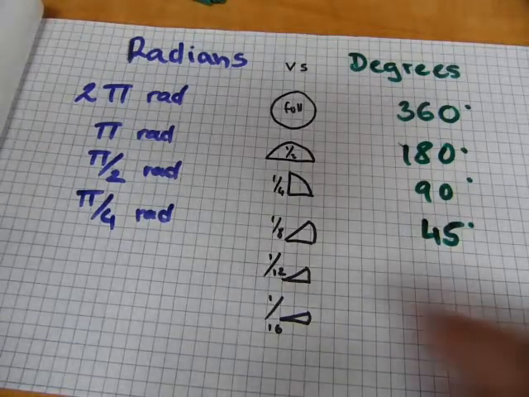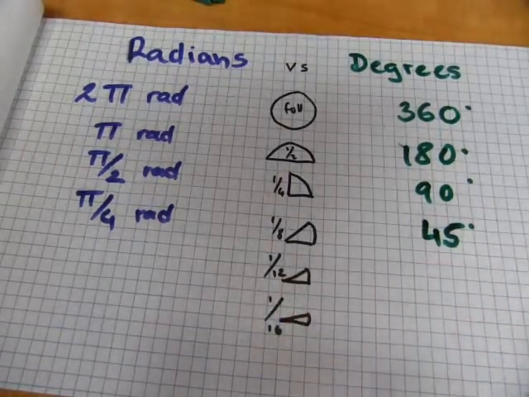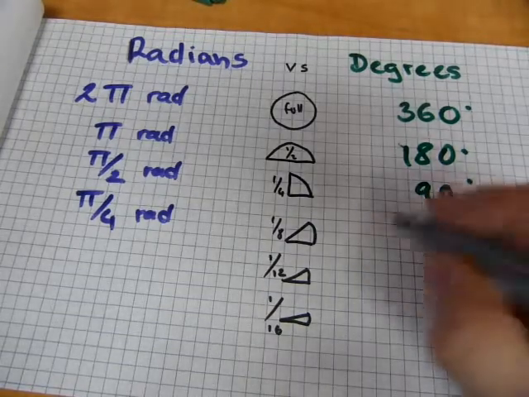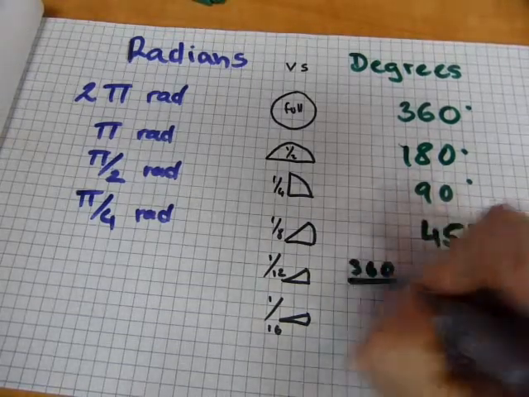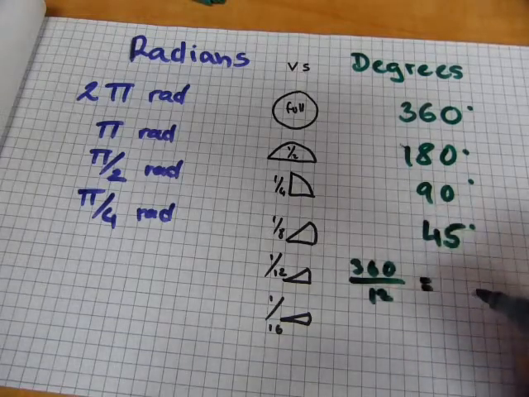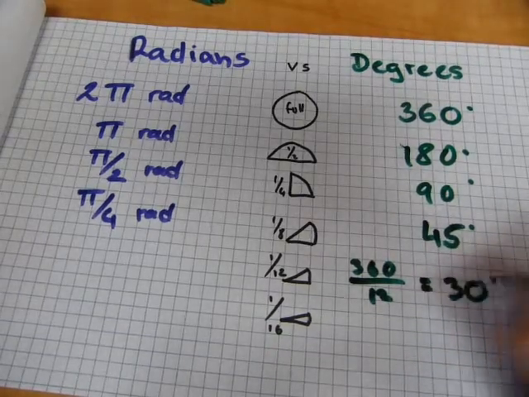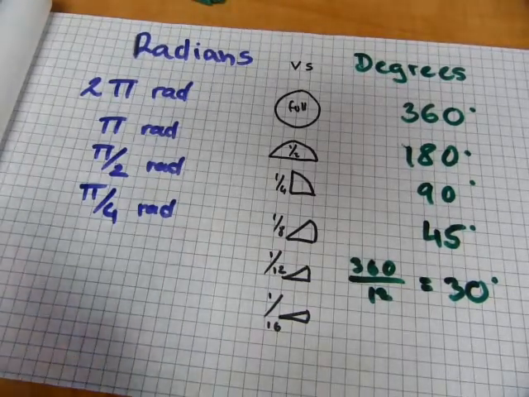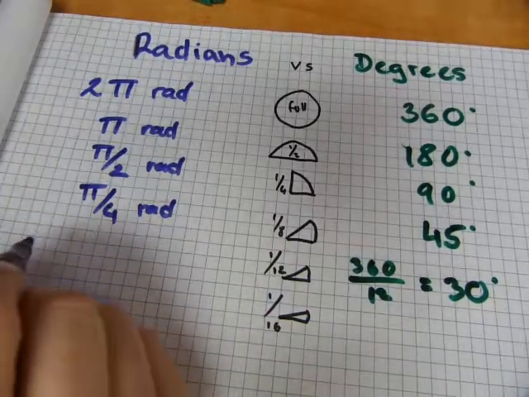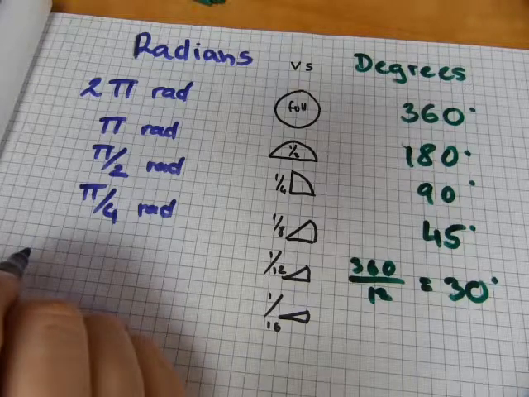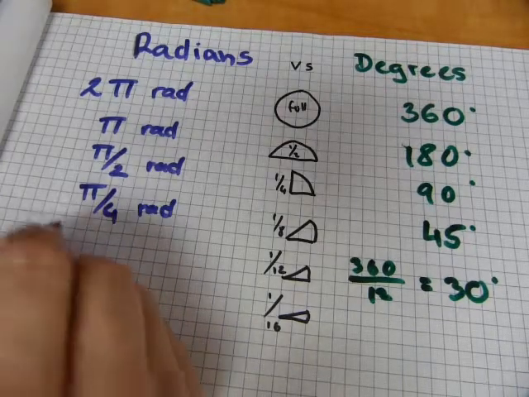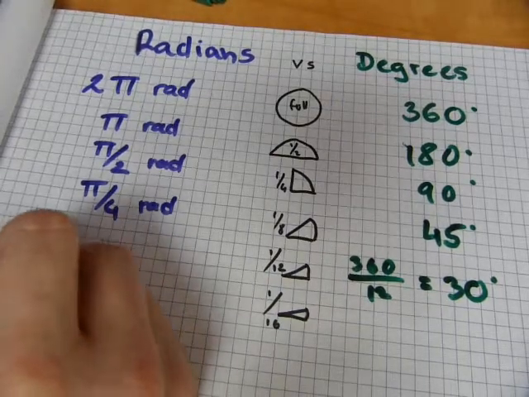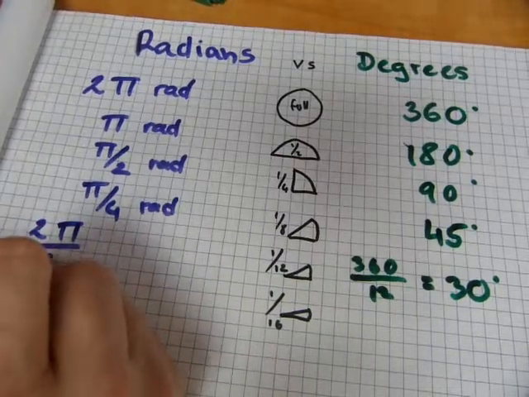The next one is, I wrote there, 1/12 of a circle. 1/12 of a circle would be 360 divided by 12, which is 30 degrees. Okay, that's a nice whole number. Over here, it's a decimal number. 1/12 of a circle would be 2 pi divided by 12.